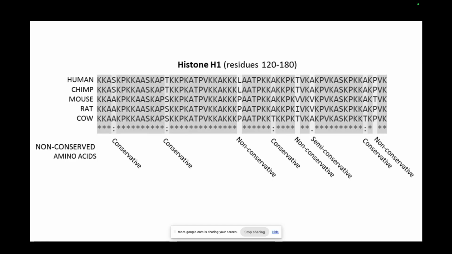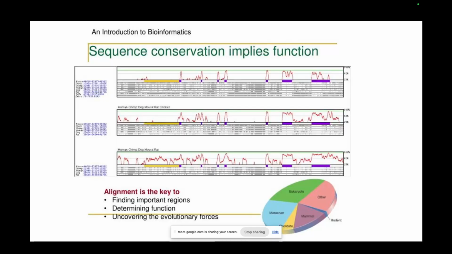So the idea is that sequence conservation implies function. If a sequence is highly conserved, it means that the region of the genome, protein, or set of amino acids or nucleotides codes for something very important, fundamental to the downstream protein or downstream processes. Then we have slight modifications depending on adaptation to the environment and evolution.